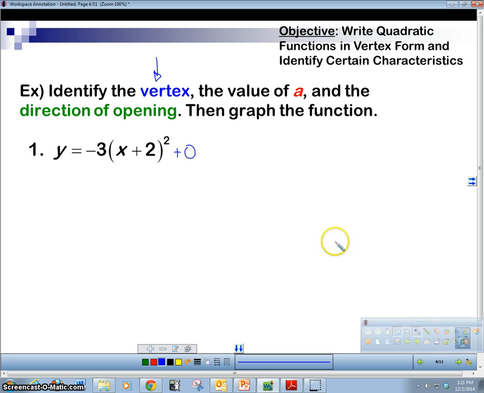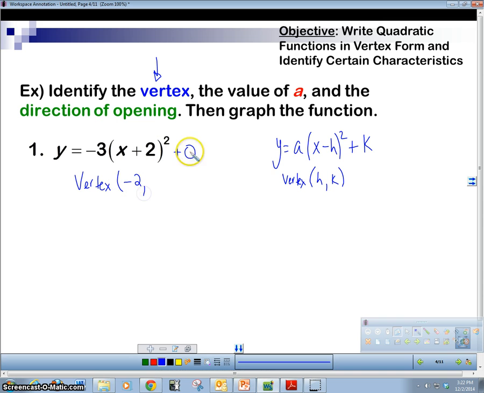According to vertex form, remember, y equals a times (x minus h) squared plus k, where (h, k) is the vertex. So we always take the opposite value of what's inside. My x value is going to be the opposite value, so it's -2, and then my k here is 0. So this is my vertex.